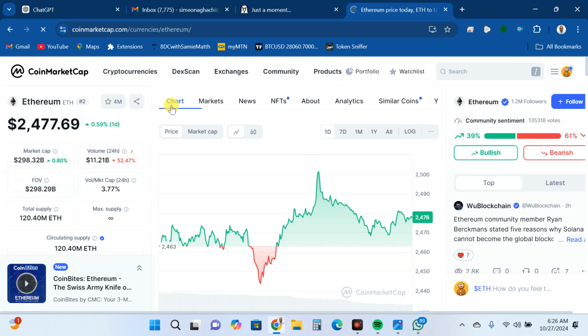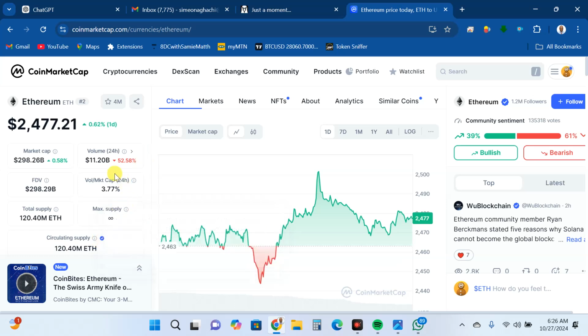Okay, the moment you type the name of a coin and it opens up like this, the first thing you're going to look at is the supply metrics. Metrics is spelled as metrics. So you're going to look at the supply metrics. The supply metrics is the details about the total supply, max supply, and circulating supply.